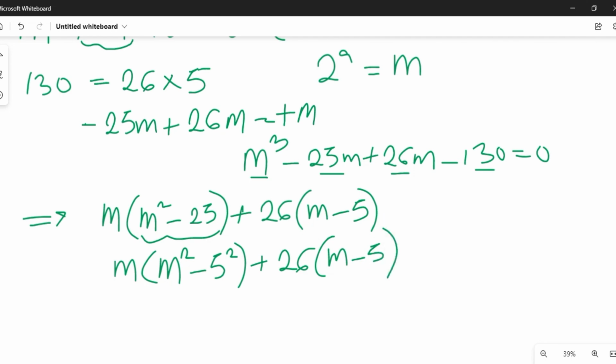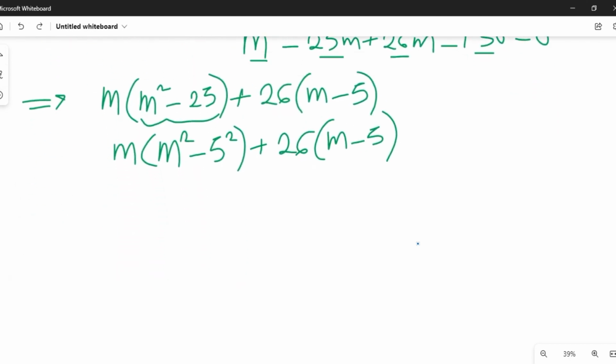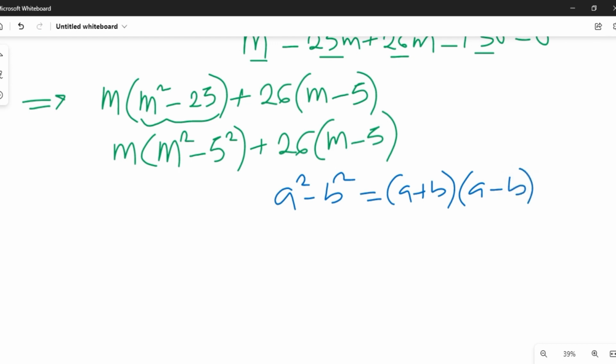To simplify this further, we should remember one of our algebraic formulas. If we have a^2 minus b^2, this same value will give us (a plus b) multiplied by (a minus b). So we are going to apply that in this solution.